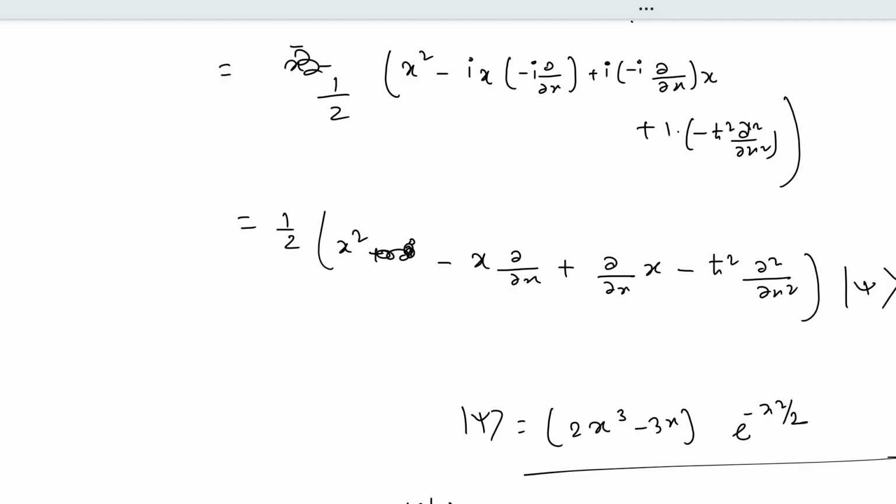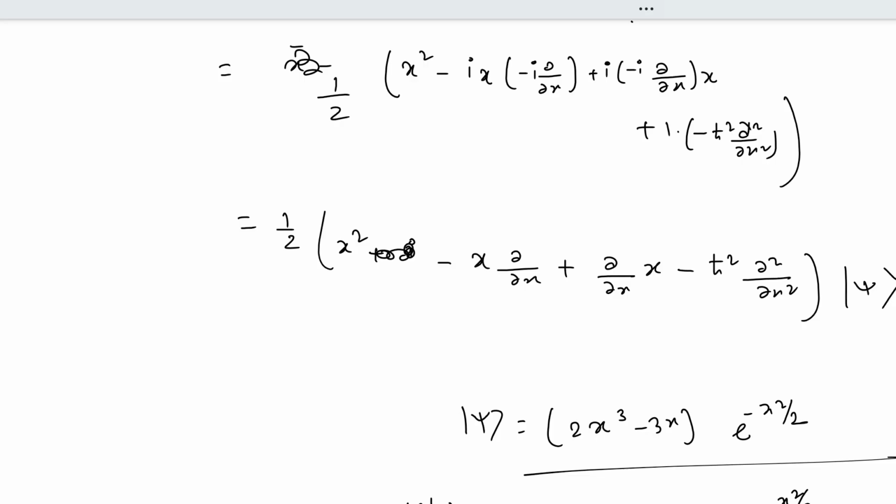6x squared minus 3 e to the power minus x squared by 2, plus 2x cube minus 3x e to the power minus x squared by 2 times minus 2x by 2. So this is d dx of e to the power of minus x squared by 2 times 6x squared minus 3, this is minus x, so this is minus 2x cube, minus minus plus 3x.